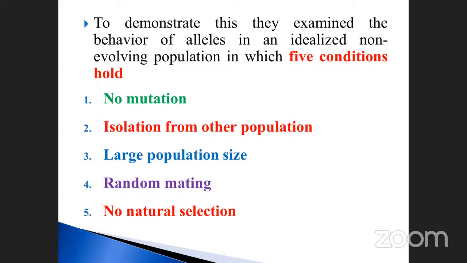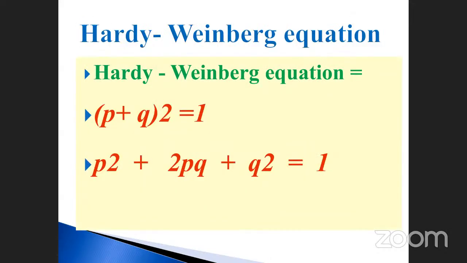One is no mutations, isolation from other populations, large population size, random mating, no natural selection. These are the 5 conditions followed for this idealized non-evolving population. Will it be possible or not? We do not know. How will you identify? Through the equation called the Hardy-Weinberg equation.